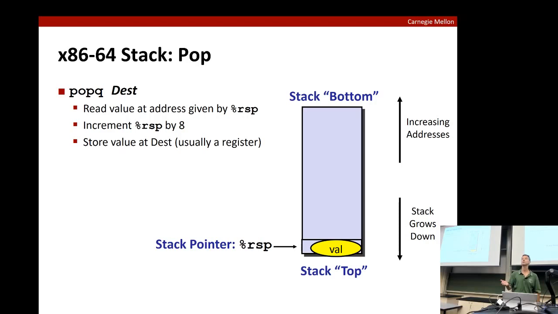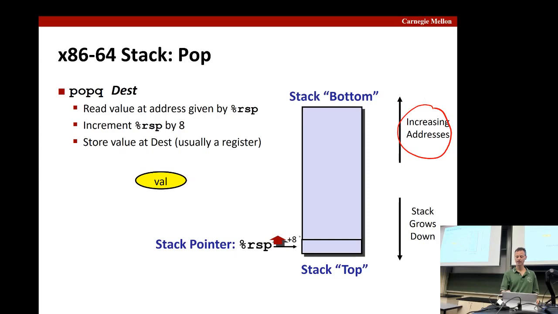All right, the opposite of push is pop. Let's suppose we have this value here on the stack, and it's at the top. If you call the pop instruction, it takes that value and increments the stack pointer by 8. Because addresses are increasing, incrementing will move it this way.